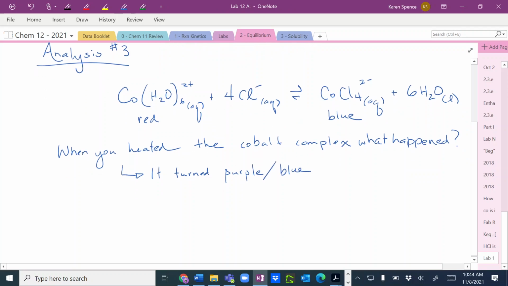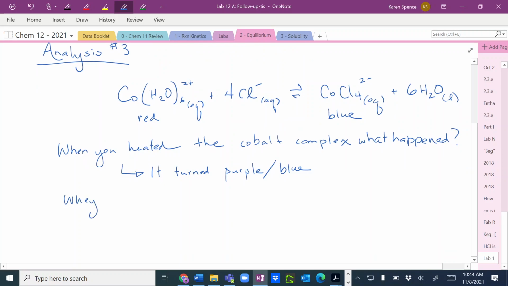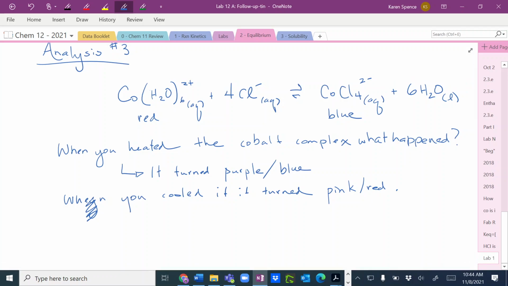What happened when you cooled it? It turned pink, red. So what would you expect to happen if you refrigerated it? Red. Boom, done. Were we overthinking that one? Okay, seriously, that's all there is to it. When we cooled it, it turned red. So if I put it in the refrigerator, it would turn red.